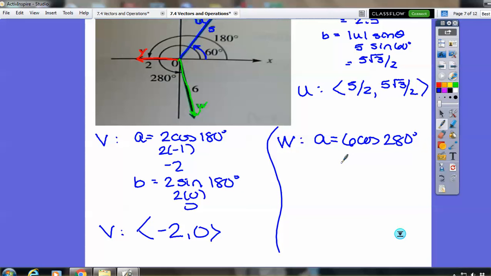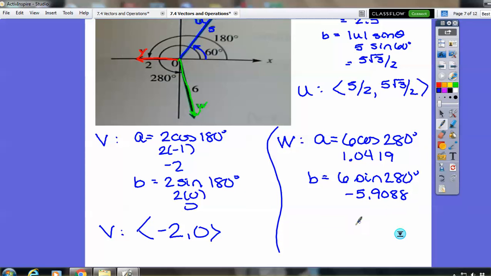If it's an angle we know, I want the exact answer, no calculator. 1.0419. Okay, so B would be our magnitude, 6 times the sine of 280.